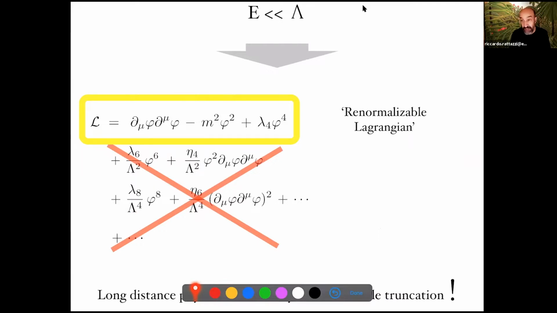It's integer because derivatives have dimension 1 and the fields have dimension 1, or in fact, if they are fermions, dimension 3/2. Putting together this integer dimensionality with Lorentz invariance, you will only have integer dimension couplings. But that's a specific property of weakly coupled theories, and I will comment on this in a moment.